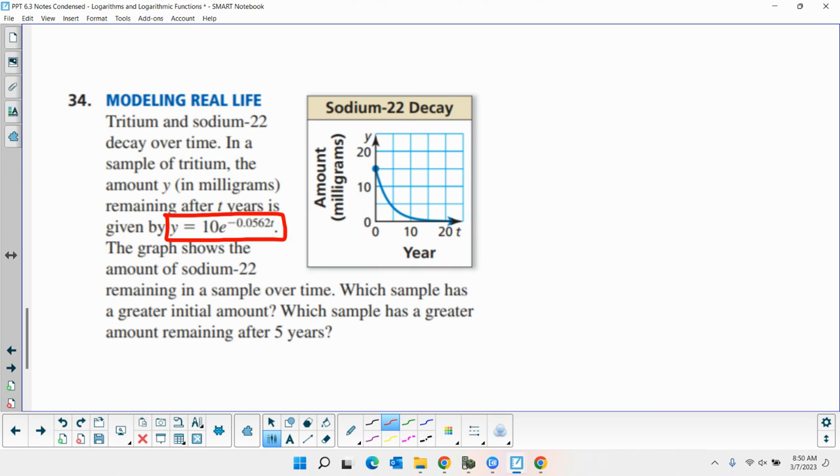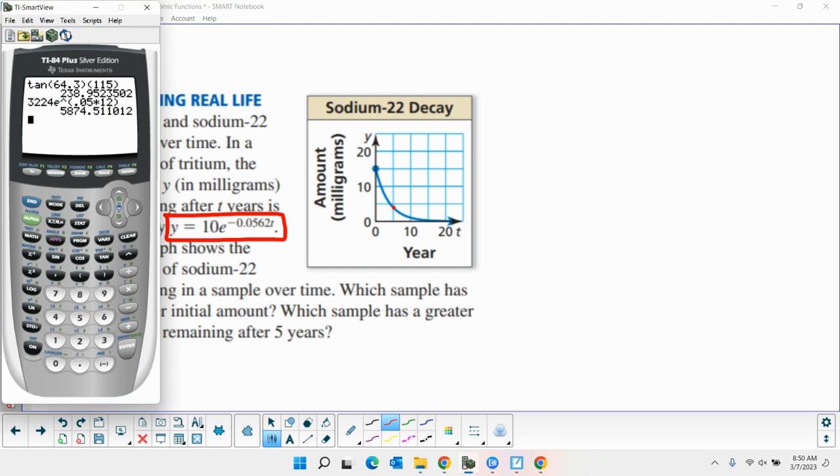Which sample has greater initial amount? Well, this initial amount's 10, and this one looks like 15. So the sodium has a greater initial amount. Which sample has a greater amount remaining after 5 years? Okay, so here's 5 years, and we're right there. And that's less than 5. Let's see what that is.